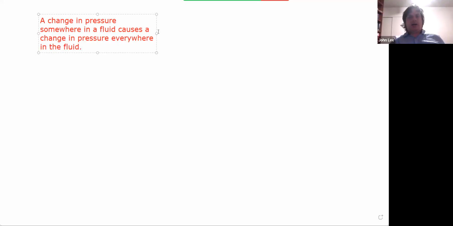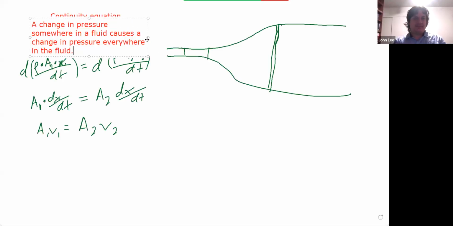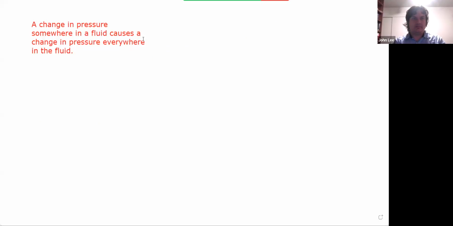This doesn't say that pressure is constant across the fluid.